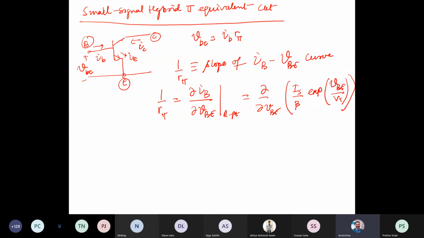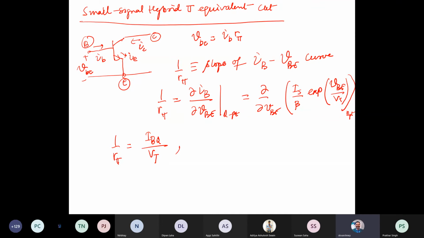We differentiate with respect to VB, and then we find 1 over R pi at the quiescent point is IBQ over VT. So VB over IB gives R pi.